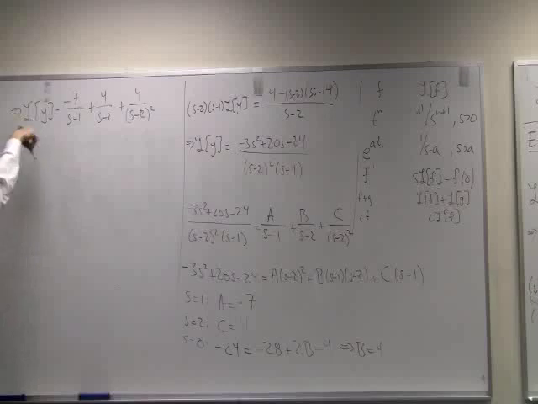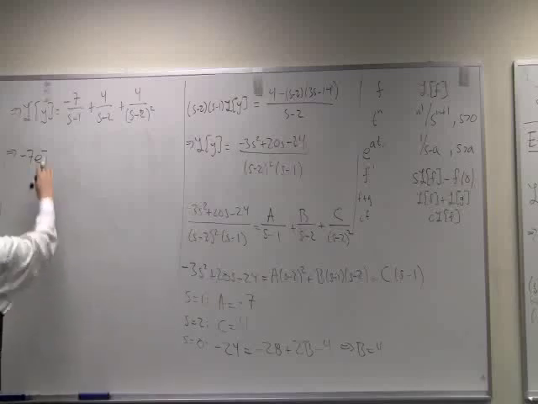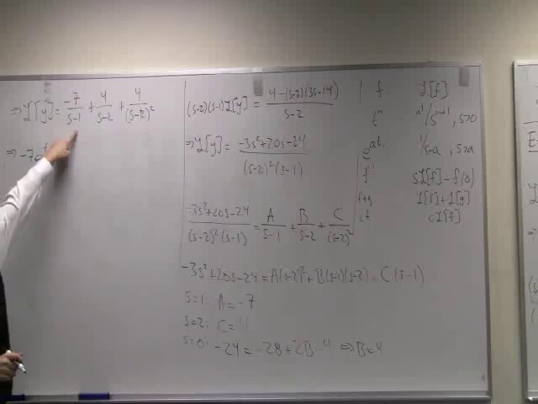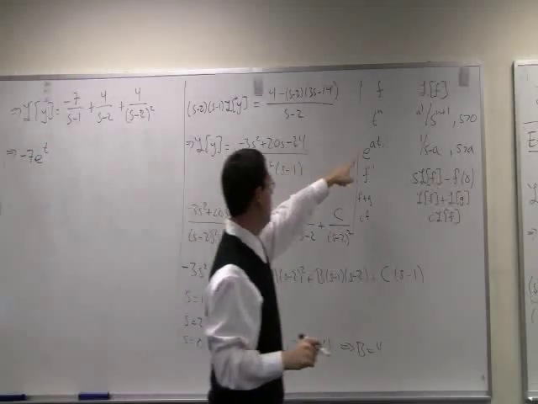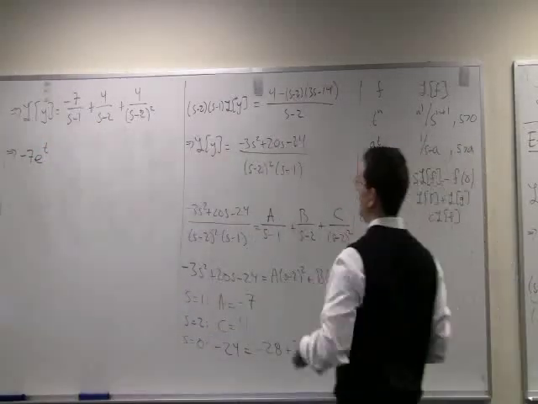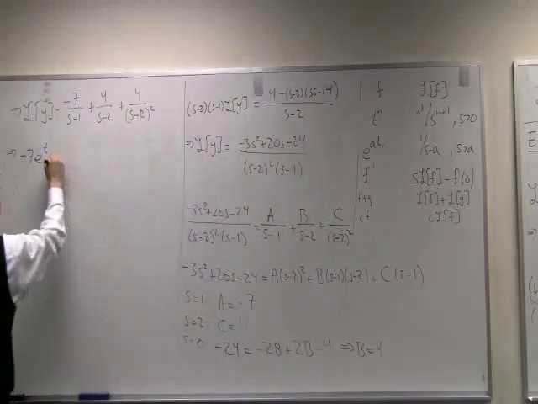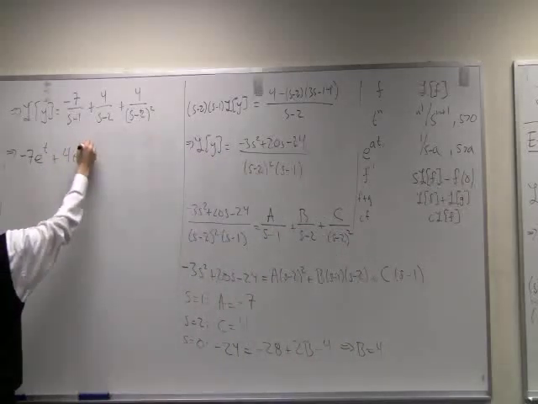And so, inverting the process, we get minus 7 e to the t, since s minus 1 corresponds to when a is 1. And then 4e to the 2t.